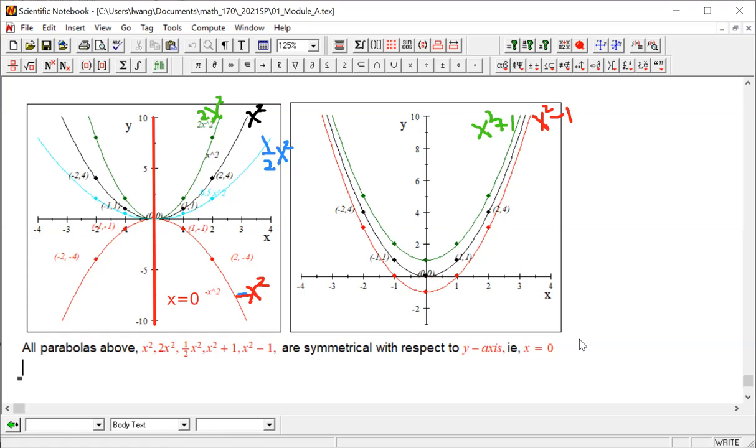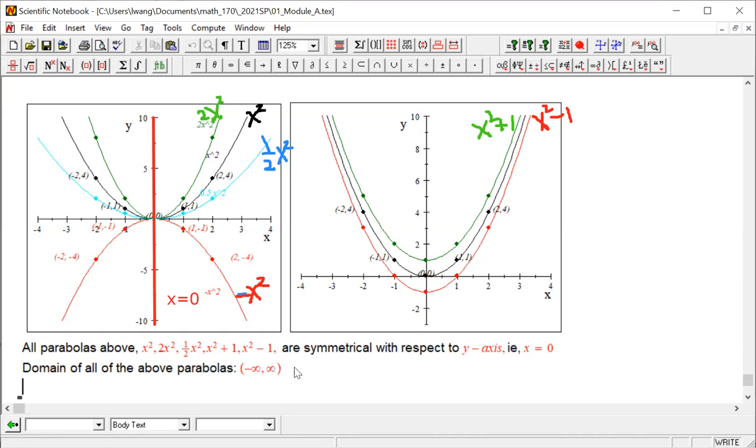Under domain of all of the above parabolas, they're all all real numbers, negative infinity to positive infinity.